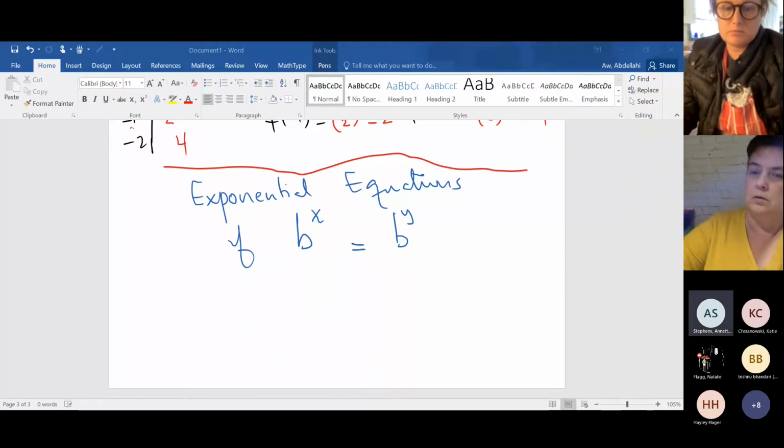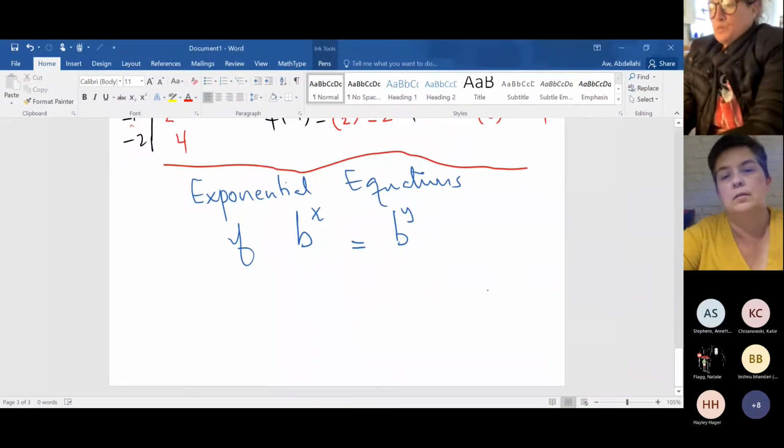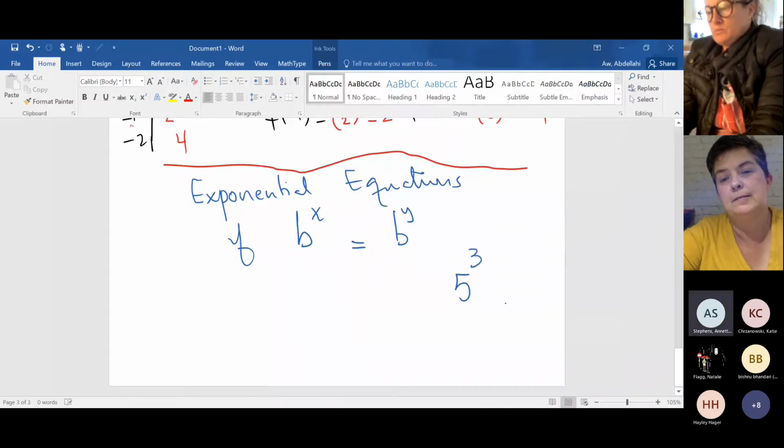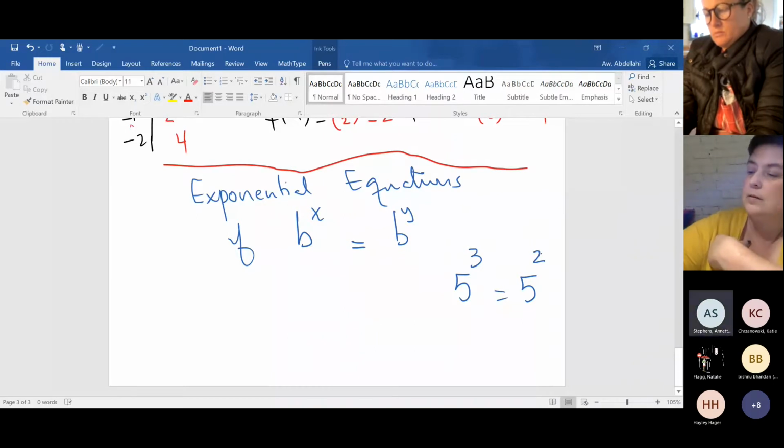Let me give you an example. Is it possible to have 5 cubed equal to 5 squared? No, it's not possible, right? If I say 5 cubed is equal to 5 to the x, what is the only value x could be?